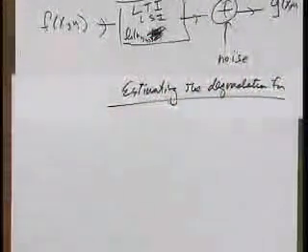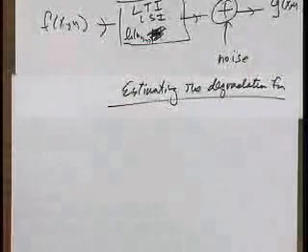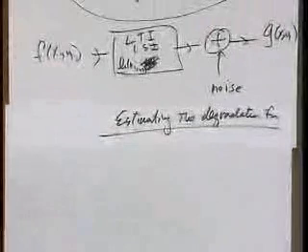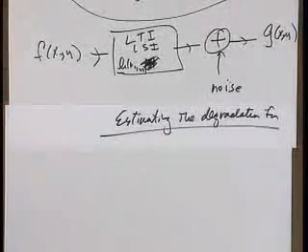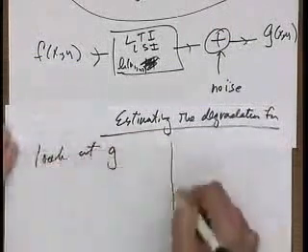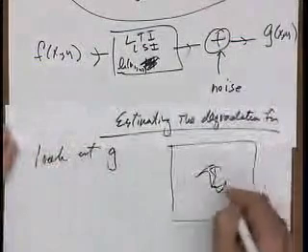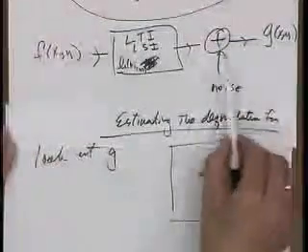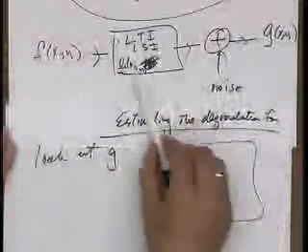And there's really 3 ways of doing that. One way is just observe. So you look at G, and let's say you have an image that has activity here, but you want to try to estimate either the noise or the LSI function or whatever.